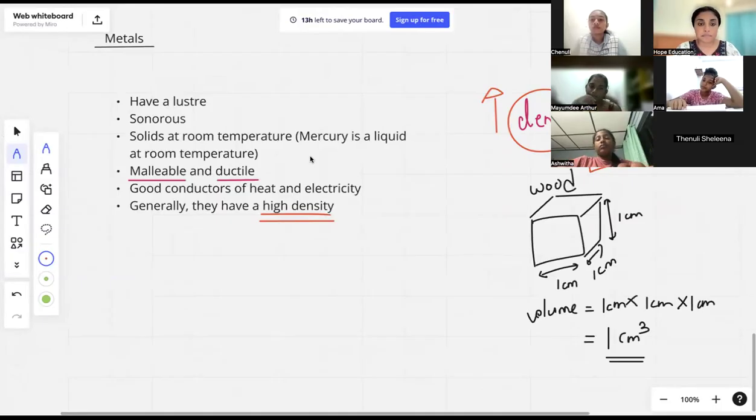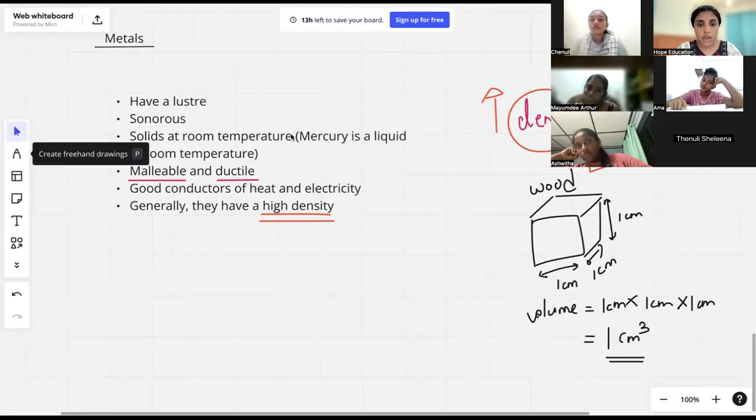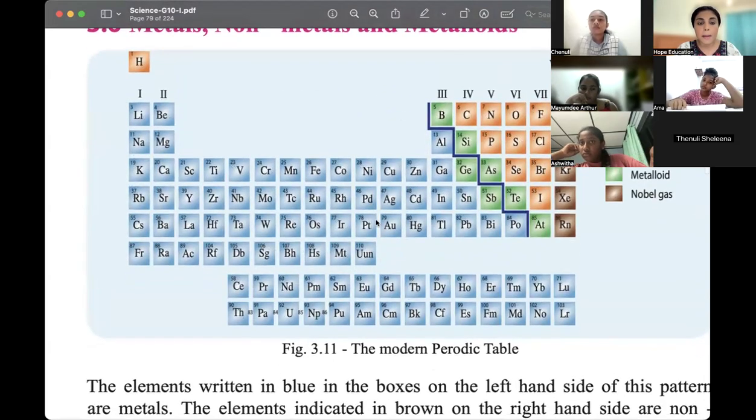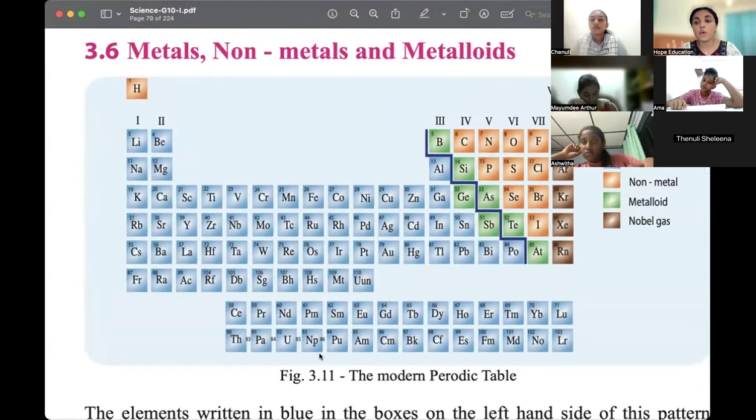Now I showed you the big periodic table in your textbook, right? Look, what is shown in blue are metals. Can you see the majority of the elements in this big periodic table are metals?